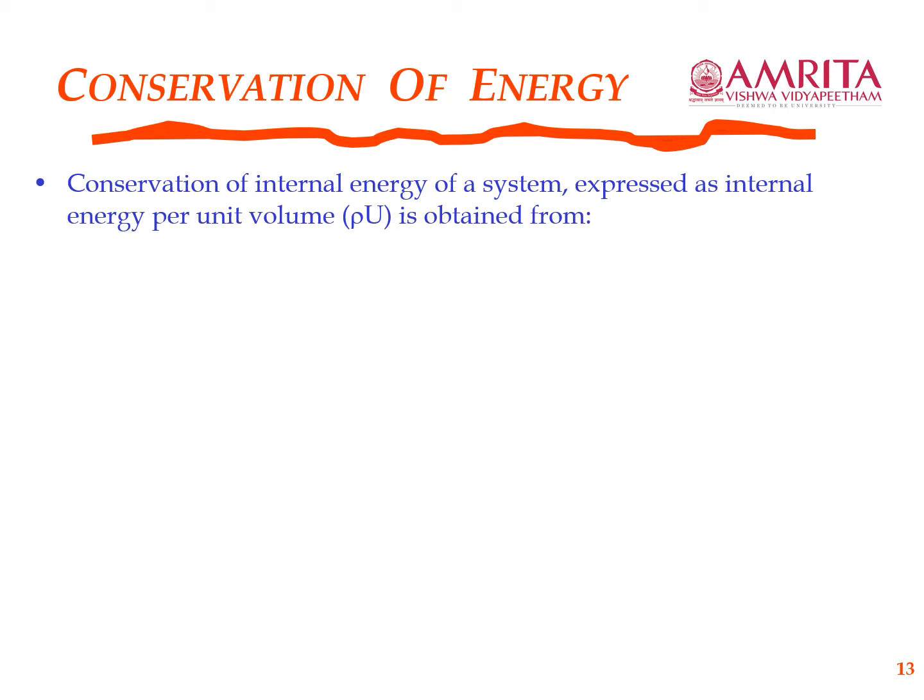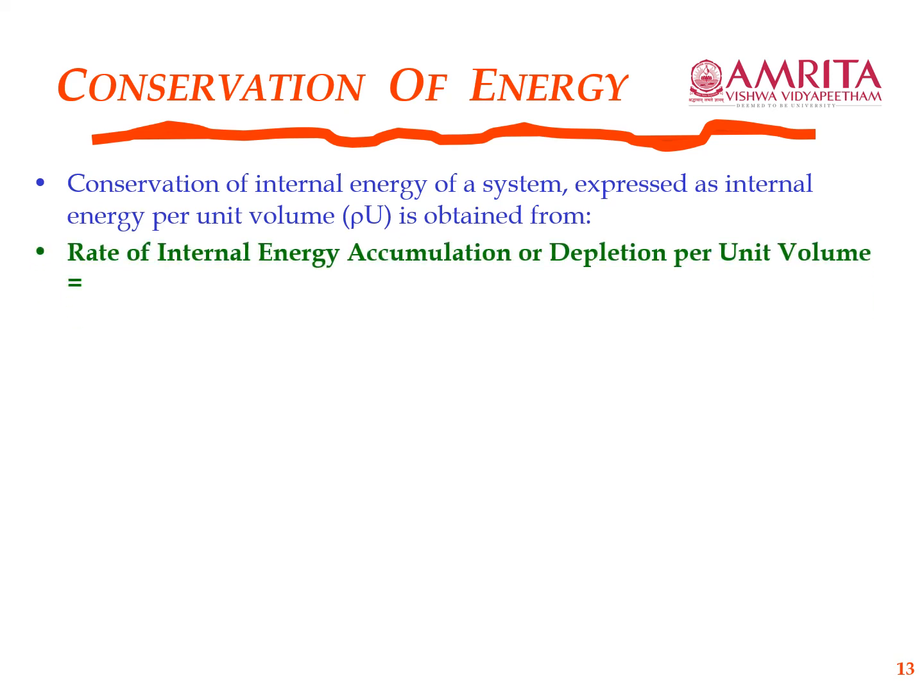Now, if this were molar internal energy per unit number of moles, then you would multiply this term by the net concentration of all the species that are present. So basically this is the internal energy per unit volume, and this is again an intrinsic quantity.